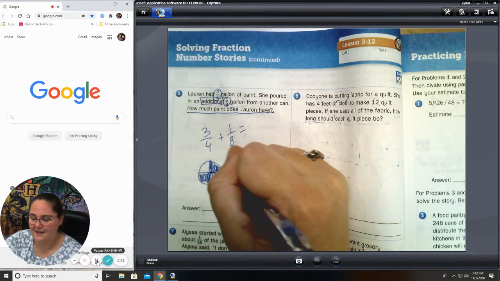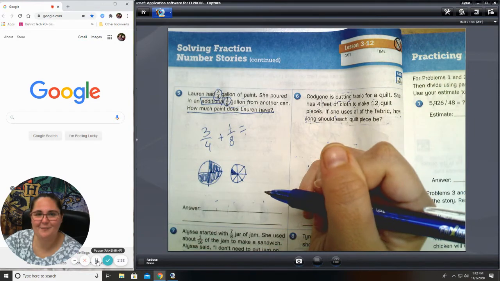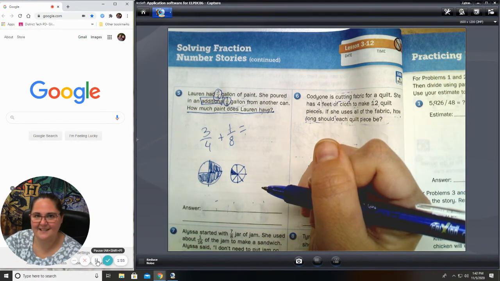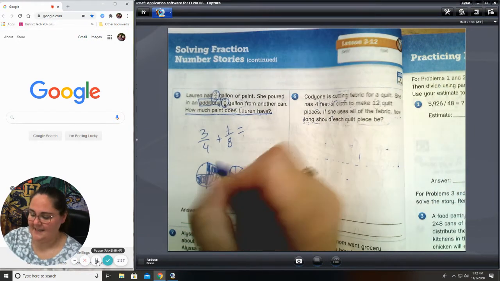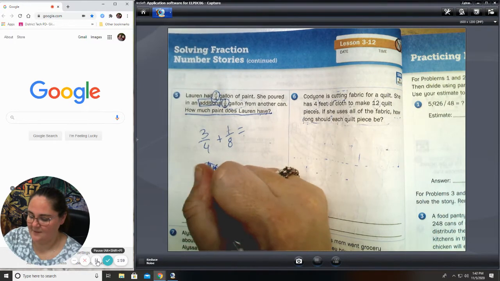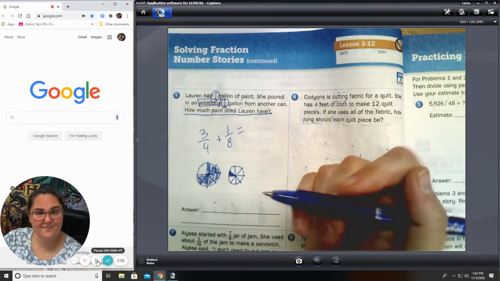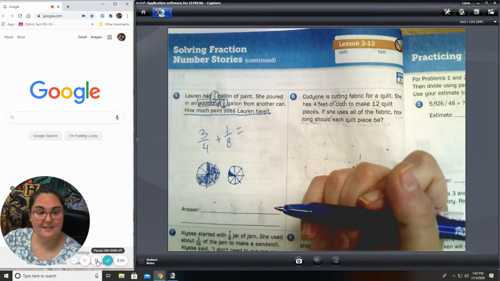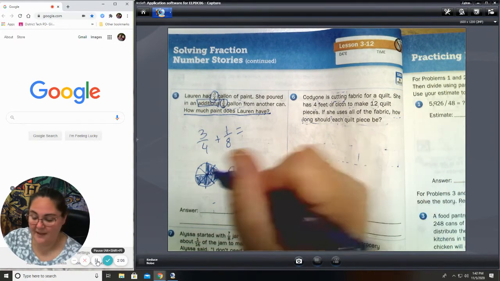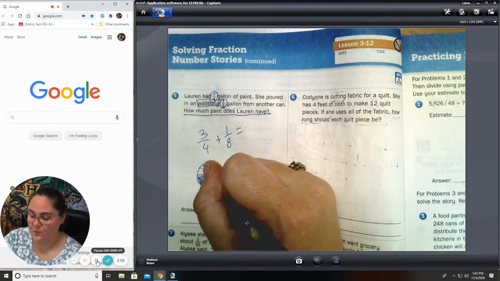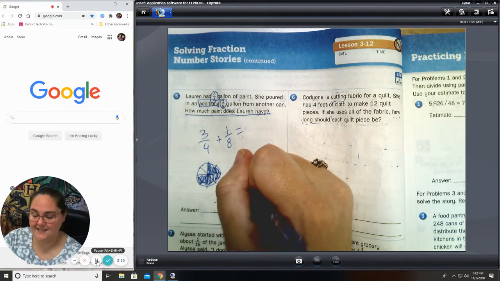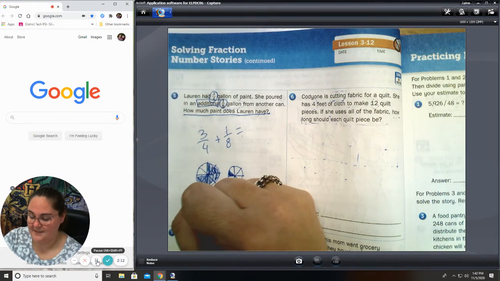Notice how the pictures kind of line up, right? So what I did is basically I'm going to split this one in pieces too, because it's eighths. How many eighths total do I have now? 1, 2, 3, 4, 5, 6, 7. 7/8 of a gallon.